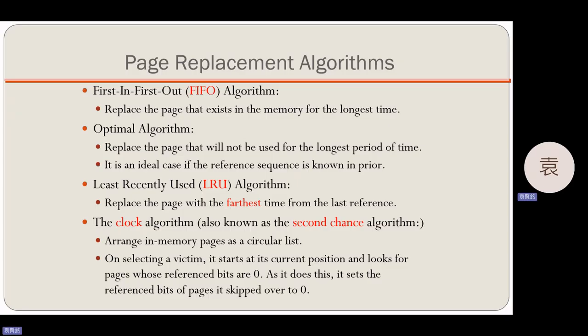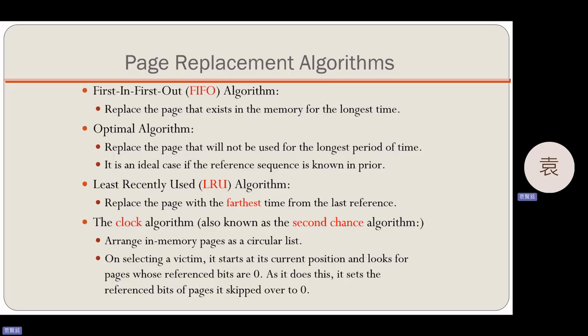But in general, it's impossible to know in advance when we need to refer to a page. So it's just an ideal case. It's used as an upper bound to compare different kinds of page replacement. If we know the reference sequence in advance, then we can use the optimal algorithm.